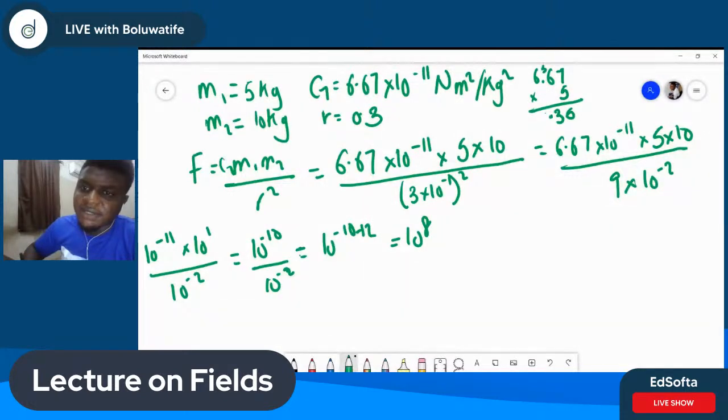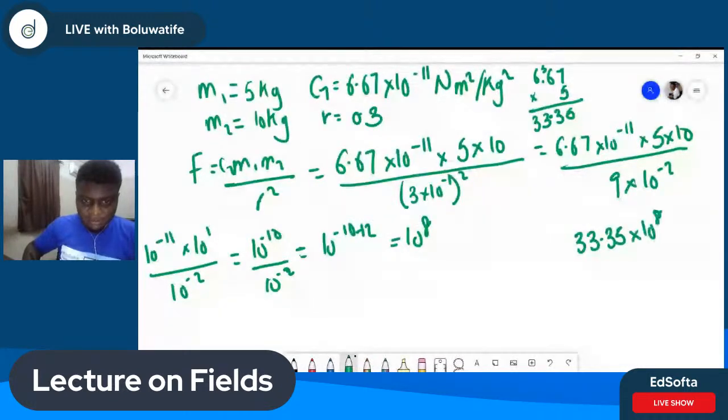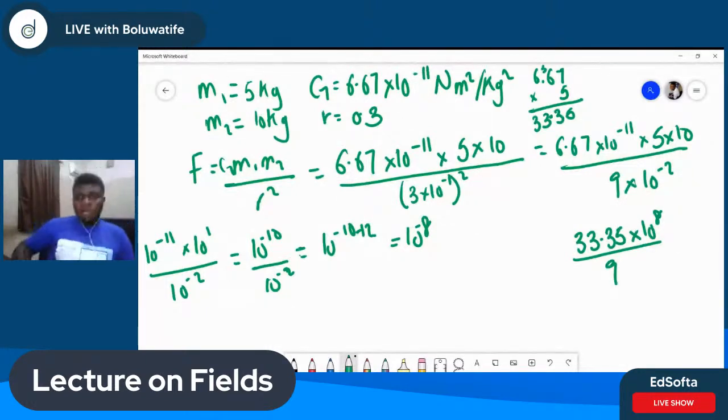So 33.35 times 10 raised to power minus 8, divided by 9. Can you see that I did all of this without using a calculator? So simple manipulation here and there helps.